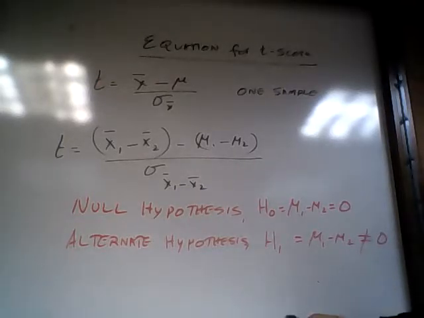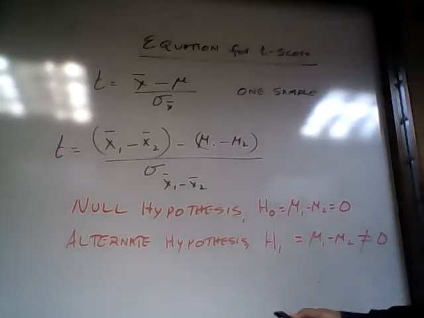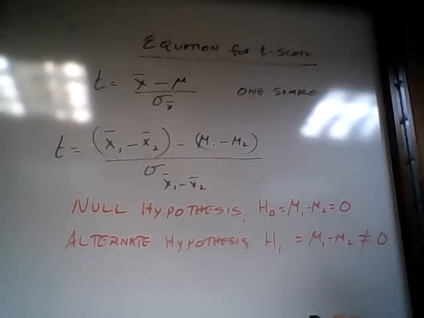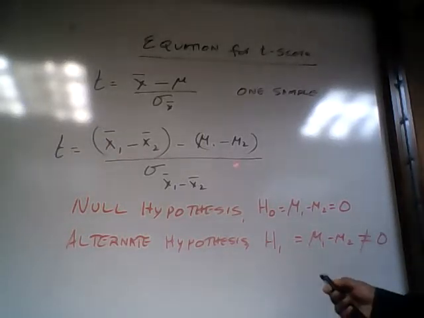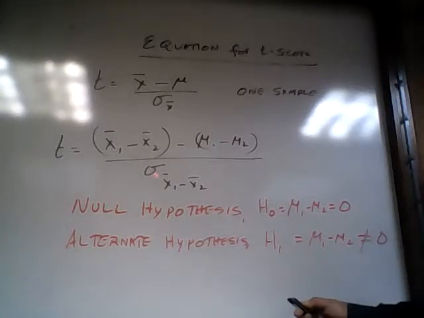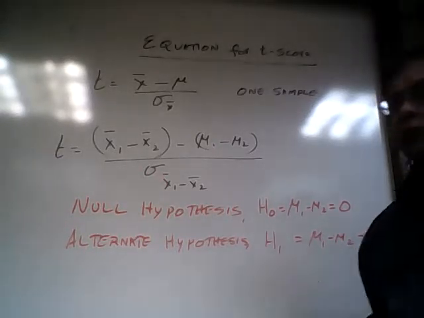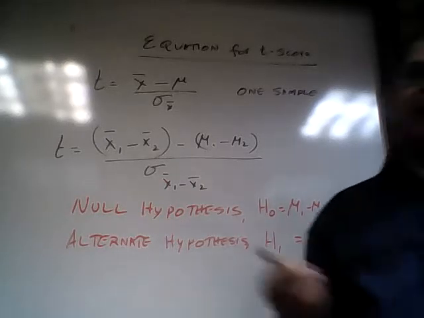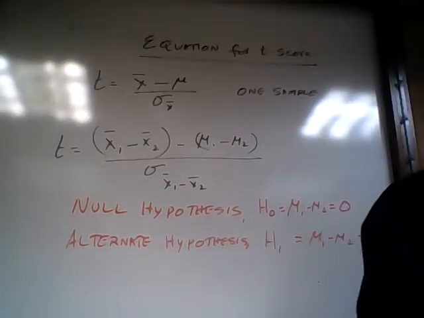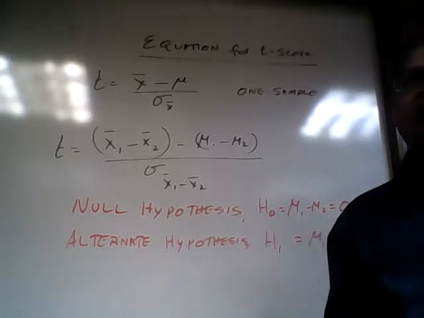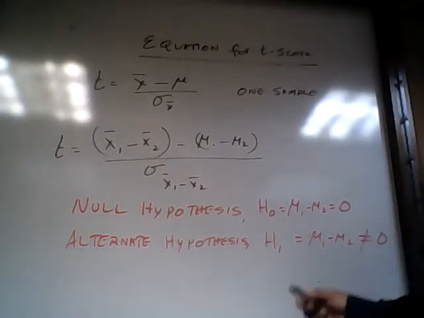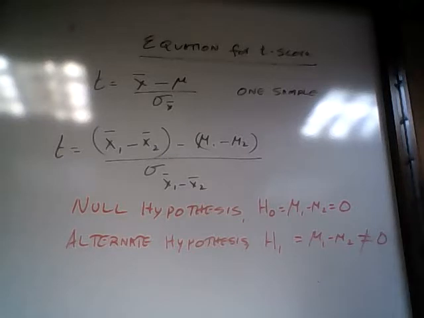For two samples, we write an equation like this. t is given in terms of x1 bar, the sample 1, sample 2, and then we can write the equation in this form. And of course, you can determine sigma x bar, as given by the standard deviation of the samples and the number of parts in the sample. So that's where we determine the t value.